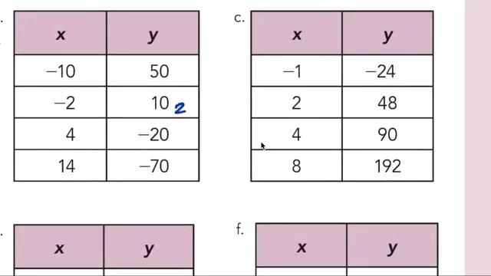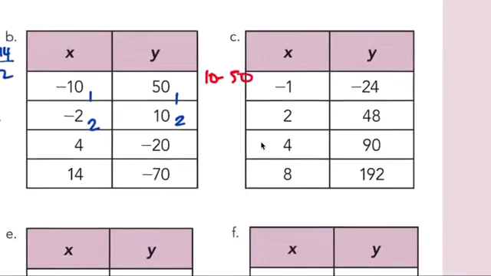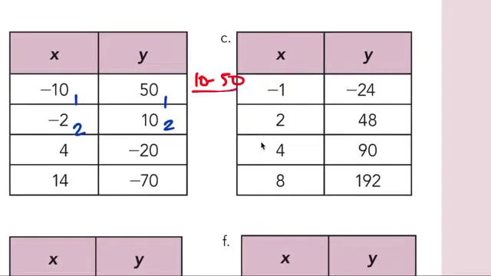Y sub 2 minus y sub 1 over x sub 2 minus x sub 1. Here, be very, very careful. 10 minus 50. Here's where kids make a mistake. It's x sub 2 minus x sub 1. Too many negatives to make mistakes. This is what I'm going to have on your test.